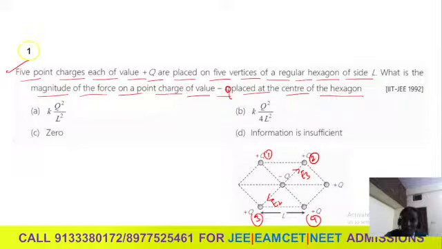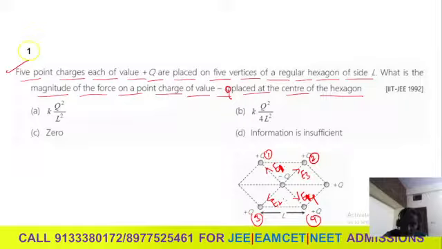So E2, E3 get cancelled. The net due to E2, E3, and even E4, sorry, it is even E4. The middle one is a minus charge, no? So due to the fourth corner, it is E4 only, it is E1 only. It is always towards it, no?